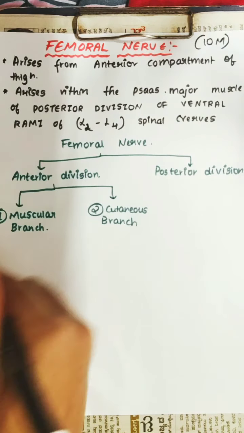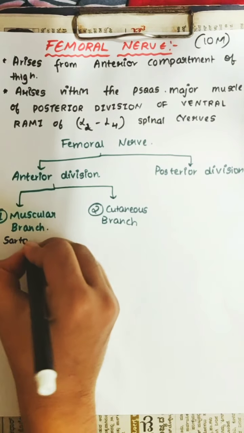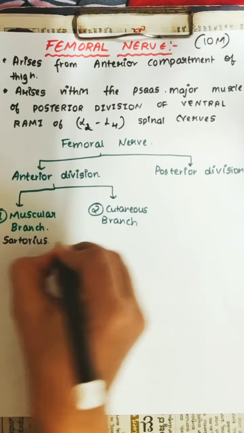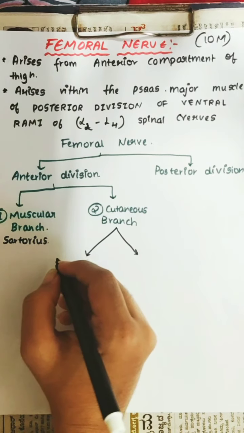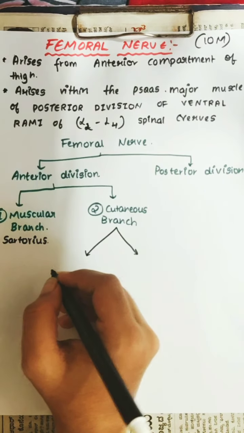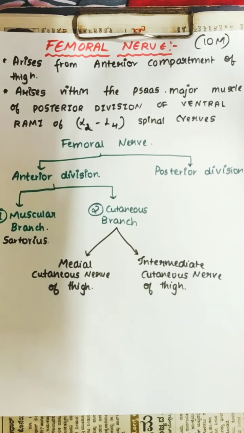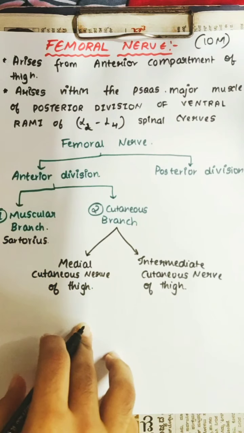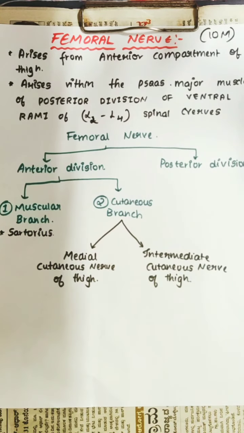The muscular branch is to the sartorius muscle, and the two cutaneous branches are the medial cutaneous nerve of thigh as well as the intermediate cutaneous nerve of thigh.